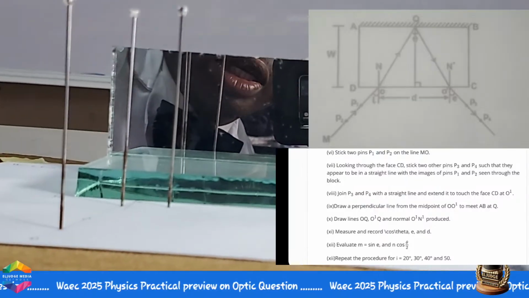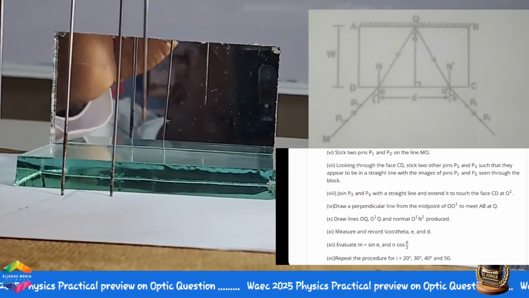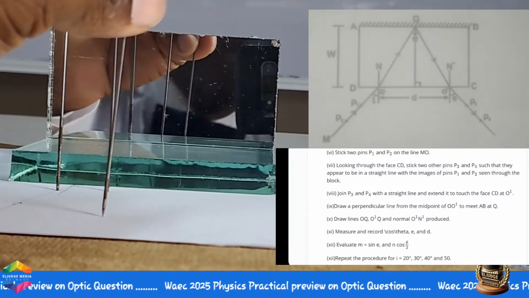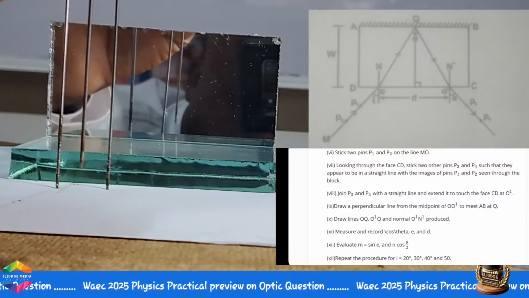Let's put the last pin, the pin P4, and we are making sure that this pin P4 must be able to cover.